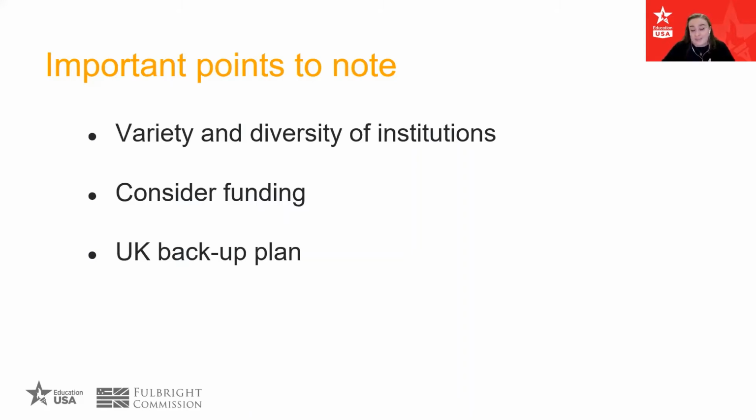We're going to talk about funding a little bit later on in more depth, but if funding is important for you and you need funding in order to make your US study feasible and a possibility, it's really important that you consider it from the choosing process. Unlike here in the UK, where we do our student finance after you've been admitted to a university and you've got your grades and confirmed your place, funding starts at the very beginning of the application process in the US.